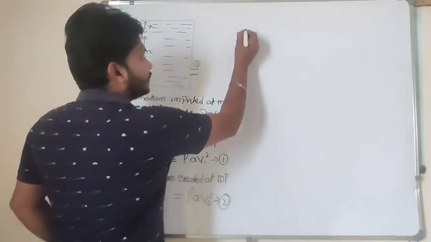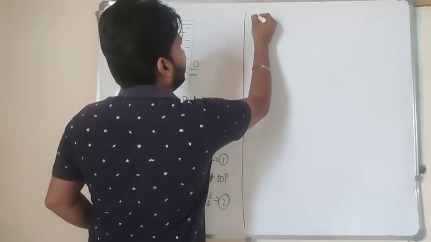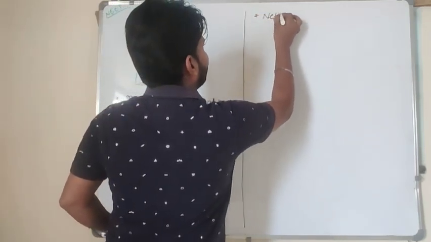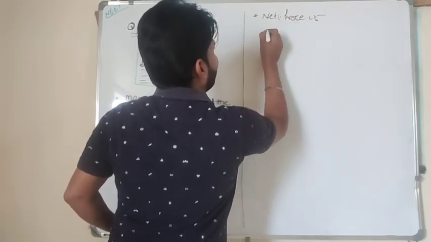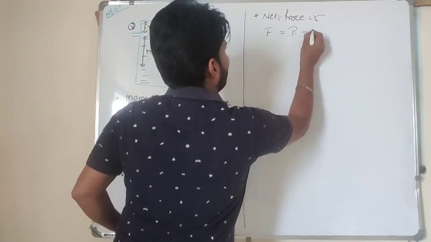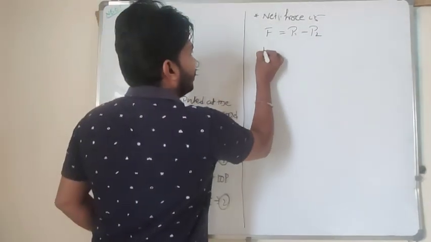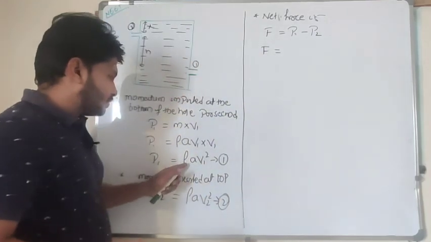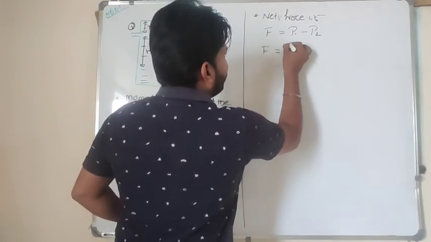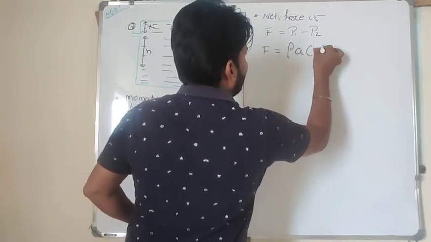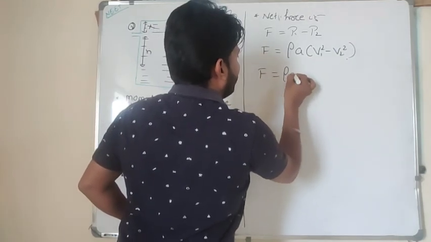Next we shall find the net force here. Net force is equal to P1 minus P2 we can consider here, right? F is equal to P1, meaning rho A V1 square, minus rho A V2 square, that is rho A into V1 square minus V2 square.